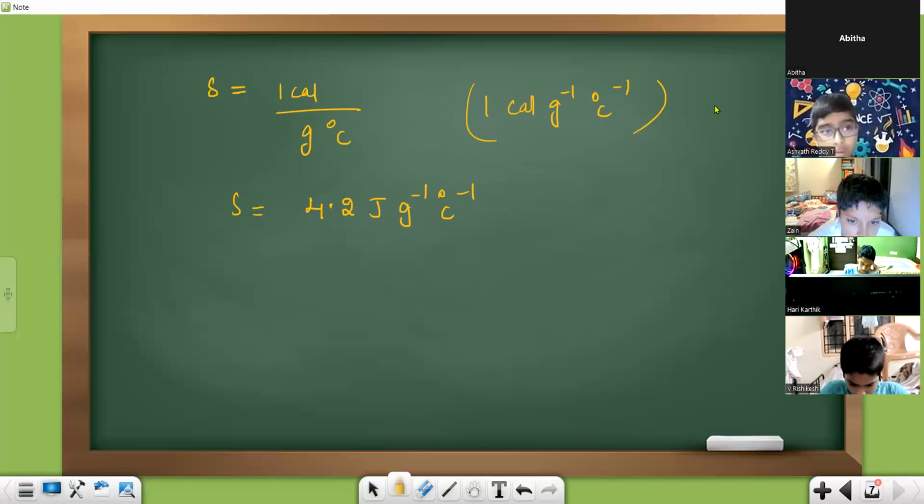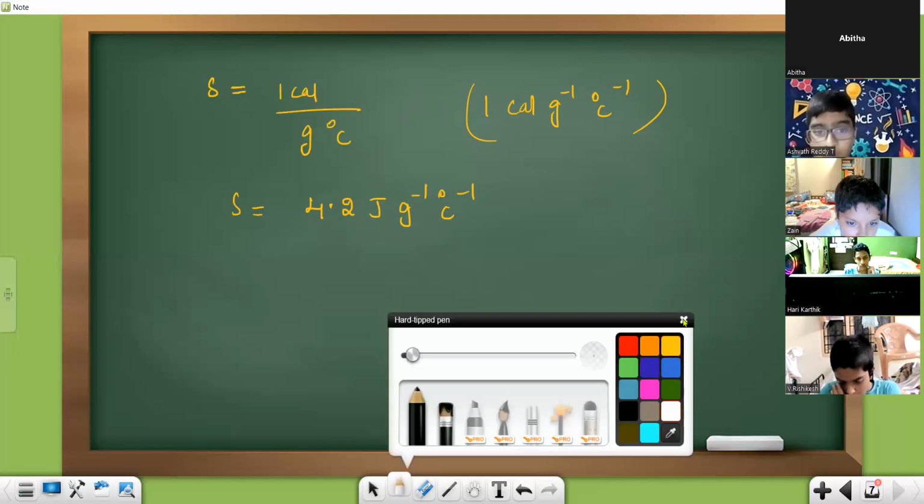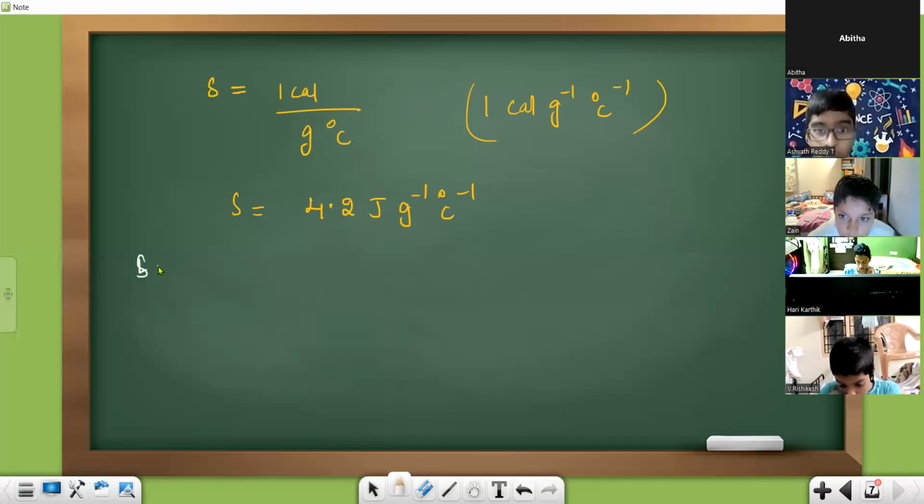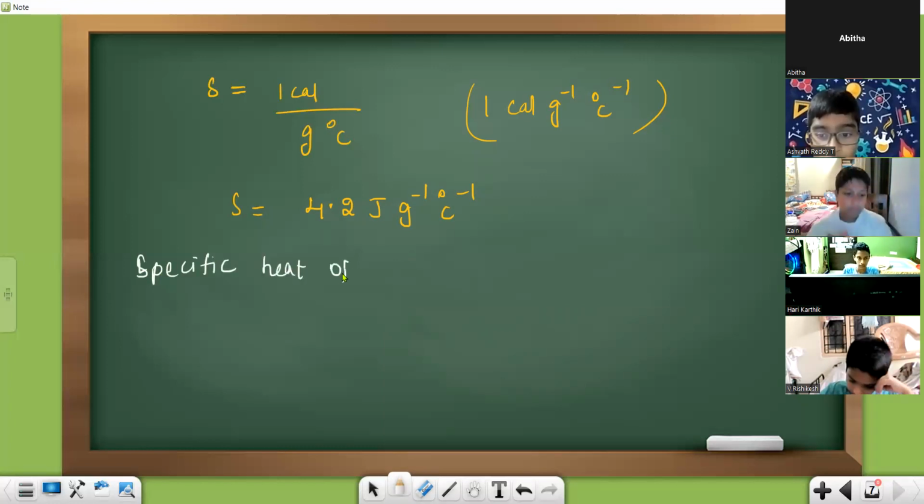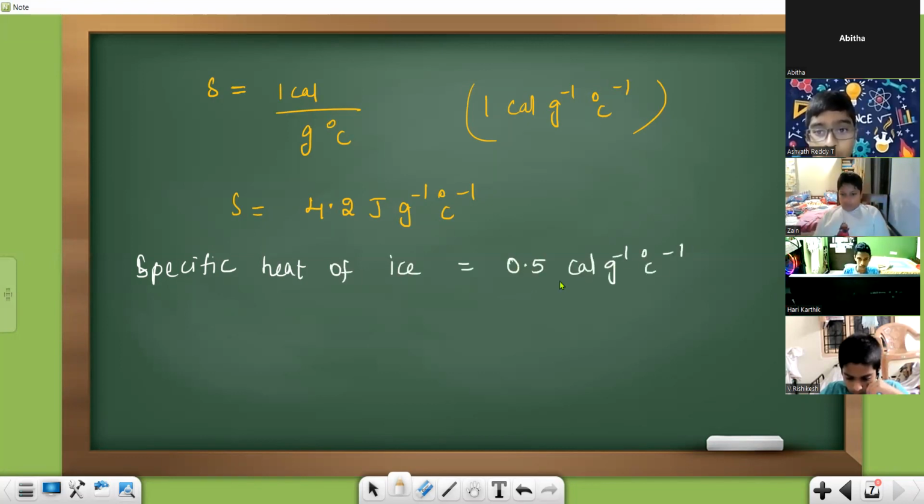And specific heat values differ in each and every substance, based on its state. Suppose we consider specific heat of ice, it will be 0.5 calorie gram inverse Celsius inverse.